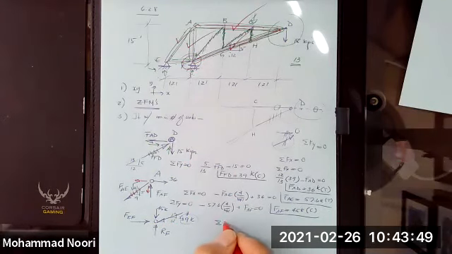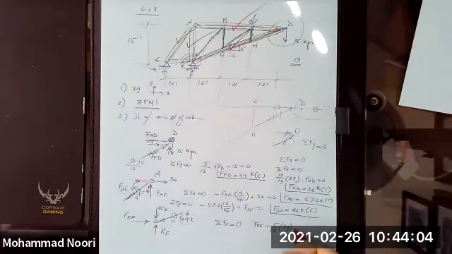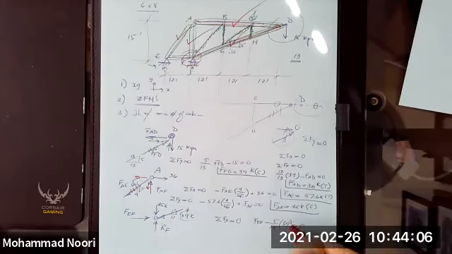So write summation of forces along X equal to 0. I have F of EF minus 5 over 13 times 39 equal to 0. That will give me F of EF equal to 36 kips.